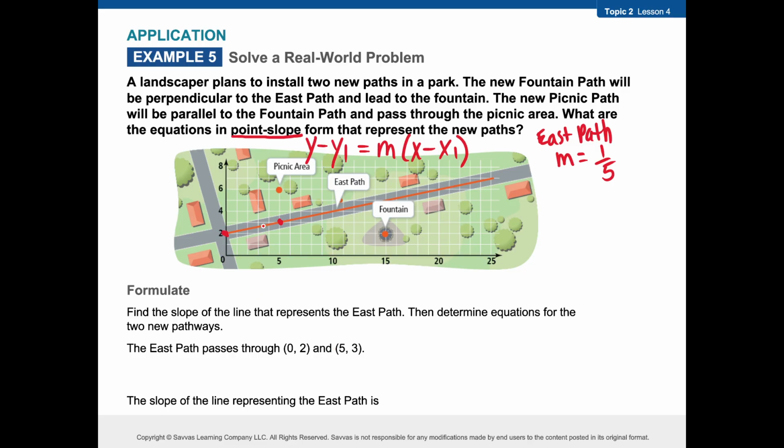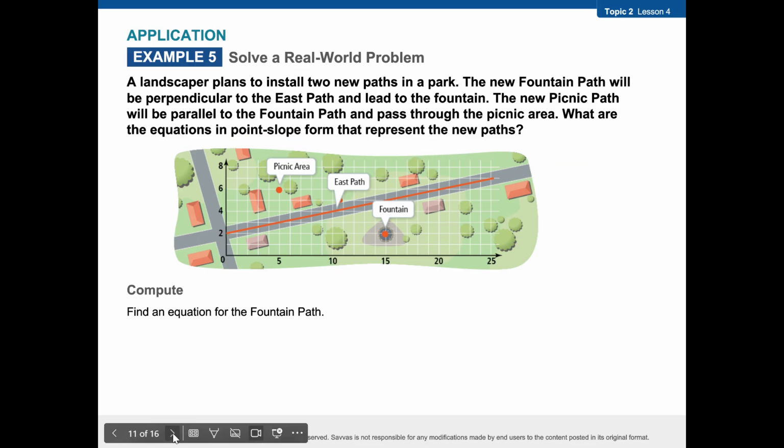Or you could just use the 2 points (0, 2) and (5, 3) and do the slope formula: 3 minus 2 over 5 minus 0 is 1 over 5. So the slope of the line representing the east path is 1/5.